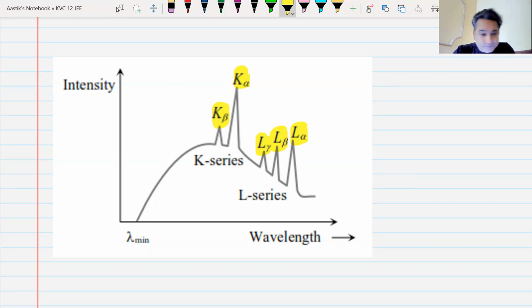You can have a question based on this, purely graphs, and I've told you all the graphs that are possible to be drawn in this particular case.